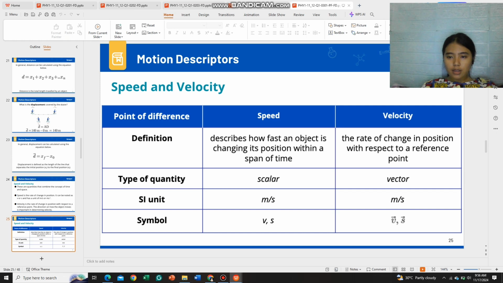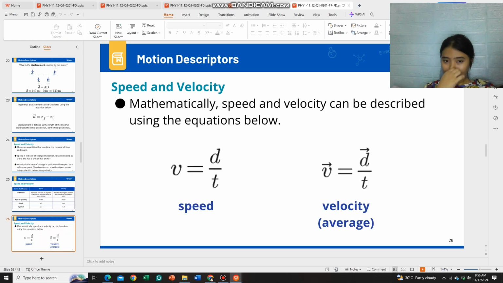Next, okay, speed and velocity. So, point difference. Sa definition pa lang, sa speed ka nag-describe how fast an object. Sa velocity kay the rate of change in position. Same rig difference, speed is scalar, velocity is vector.